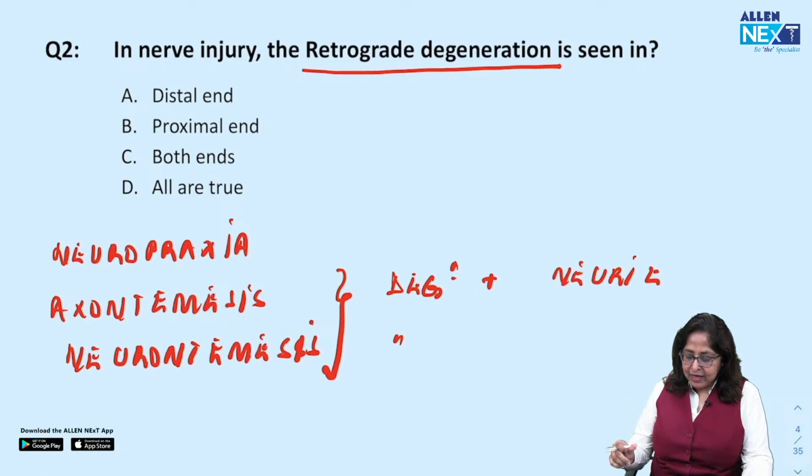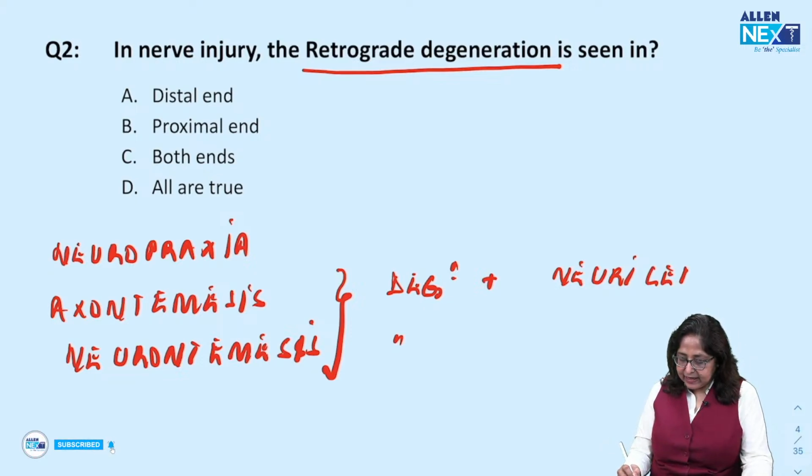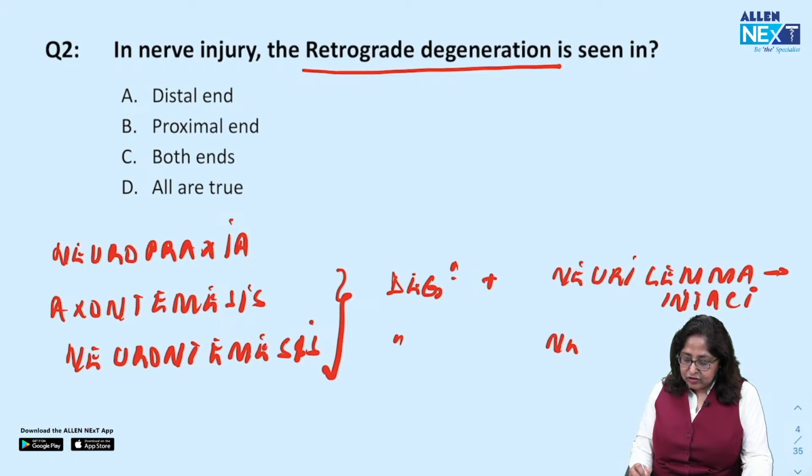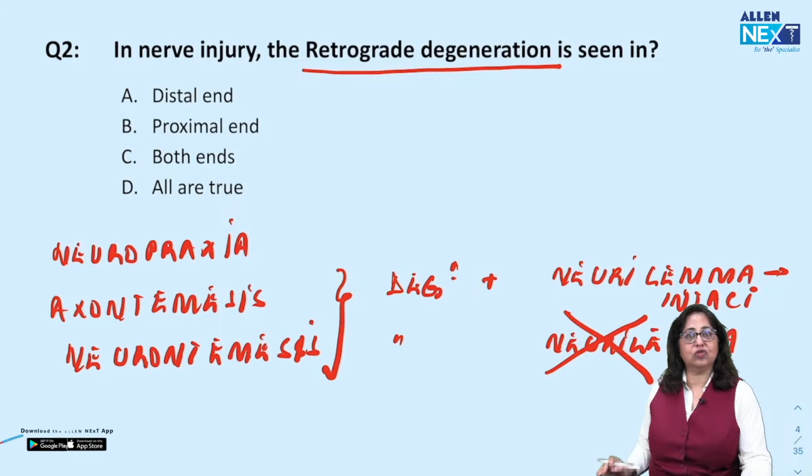What is neurilemma? Neurilemma is the outermost layer of the Schwann cell, right? So neurilemma is intact in axonotmesis, whereas neurilemma is destroyed in neurotmesis.